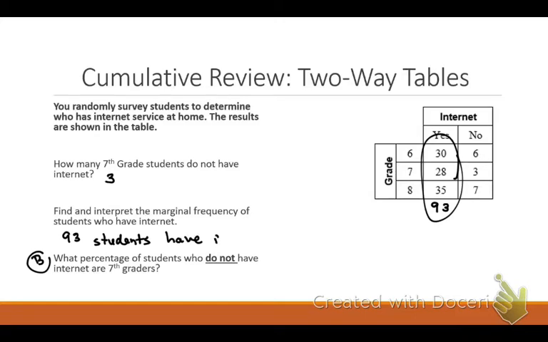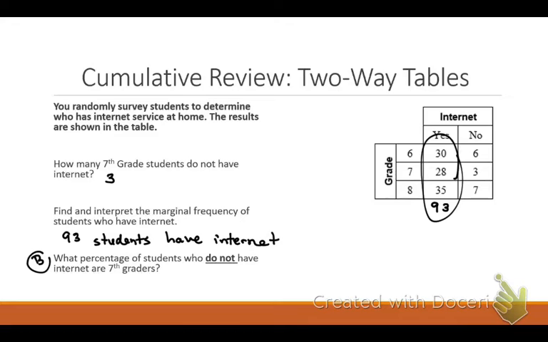Then you're going to use this. All right. Now, this next one is going to be your bonus question. You actually have 2 bonus questions on your test tomorrow. Okay. So what percentage of students, all right, so of all the students, you just found the marginal frequency, are 7th graders.